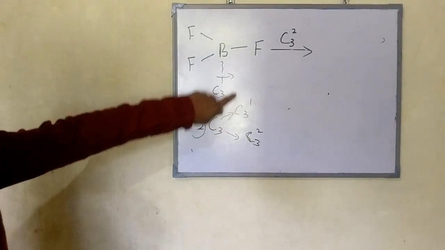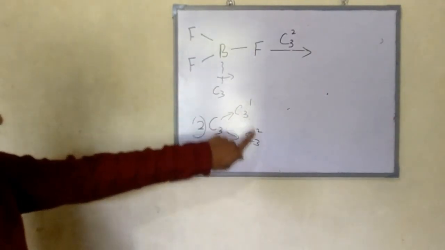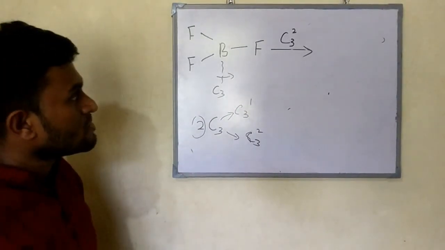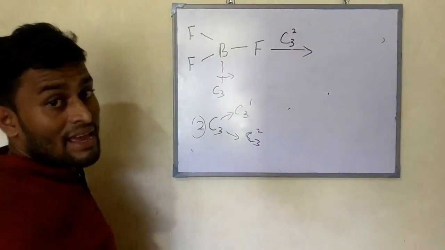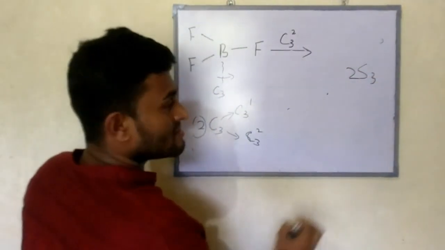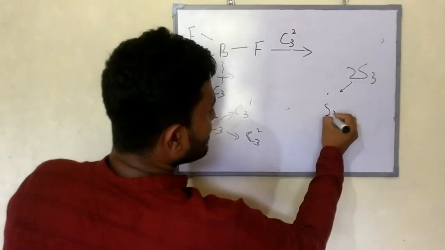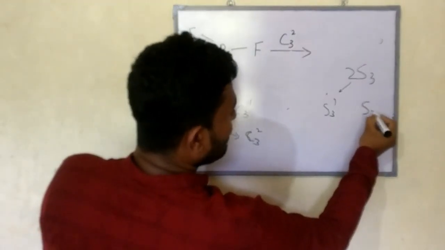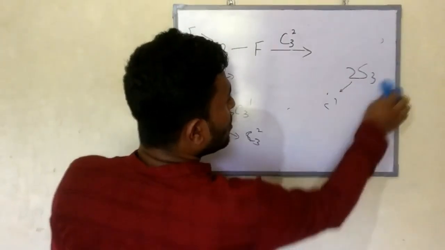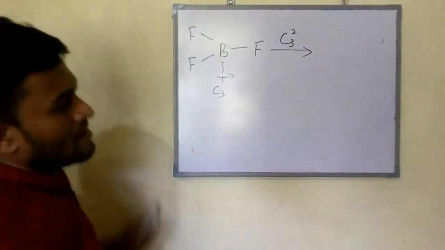You can rotate by 120 and also you can rotate by 240. So that is why S3 is also the same, 2 S3. One is S3 1, the other one is S3 2. So you want to be very careful on those things.